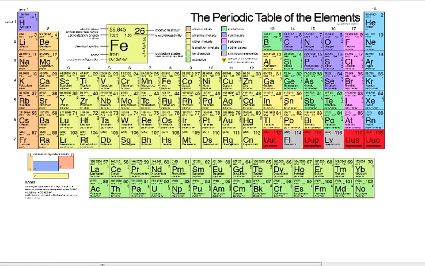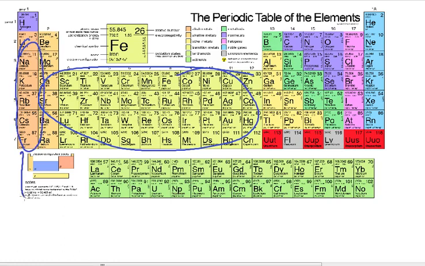First, I just want to start with the big section, the metallic elements. This part right here is called the transition metals. This part here is called alkali metals.